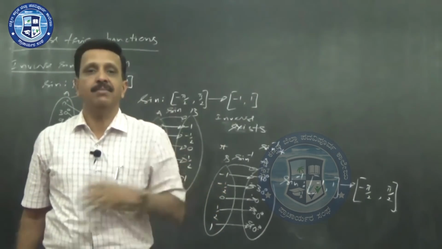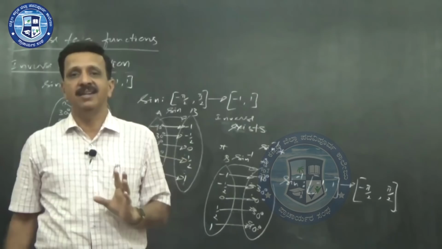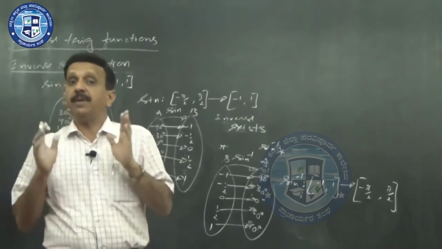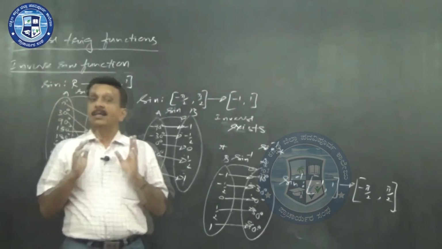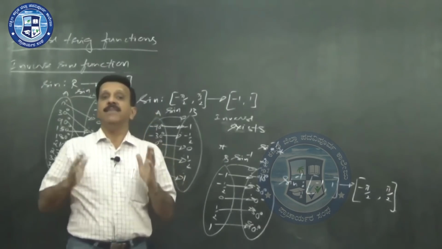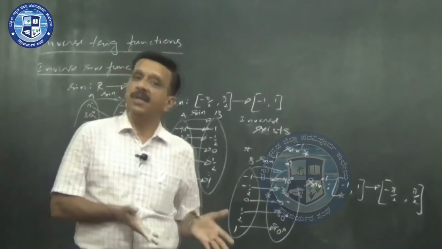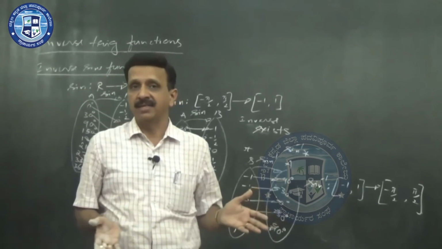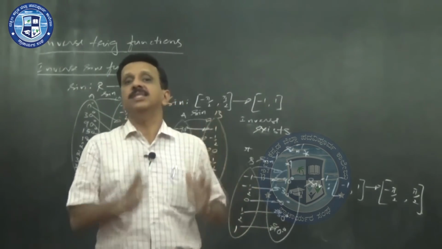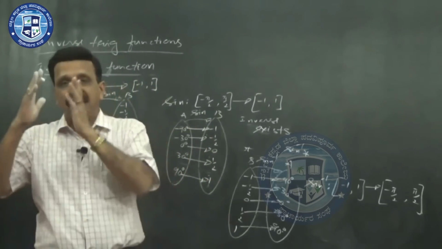What is sin inverse something? Angle. What is cos inverse something? Angle. So you must keep it in your mind that answer of inverse trigonometric function is always an angle. You can express in degrees or you can express in radians. That doesn't matter. But answer of inverse trigonometric function is always an angle.